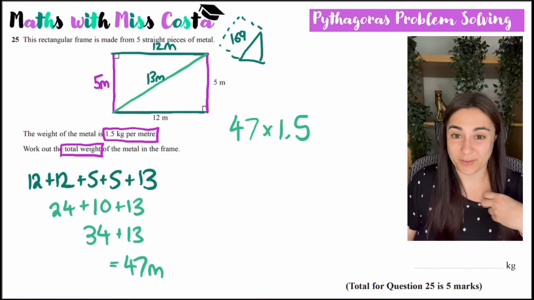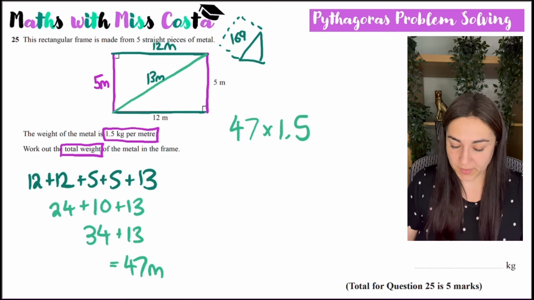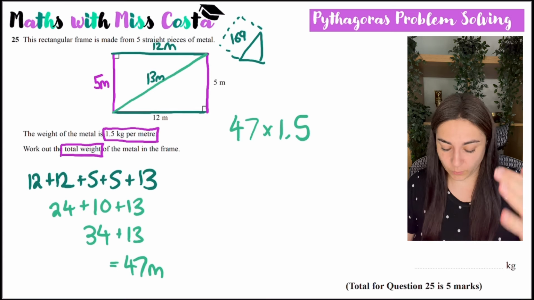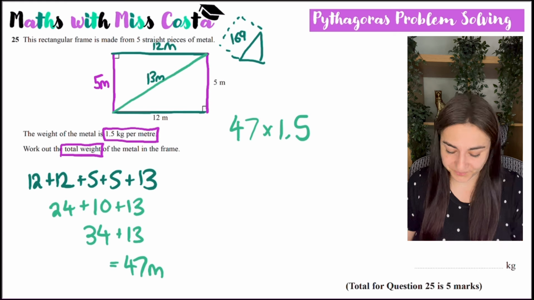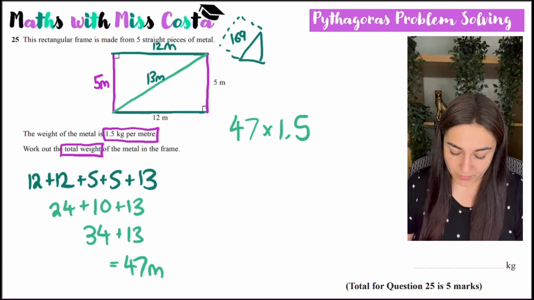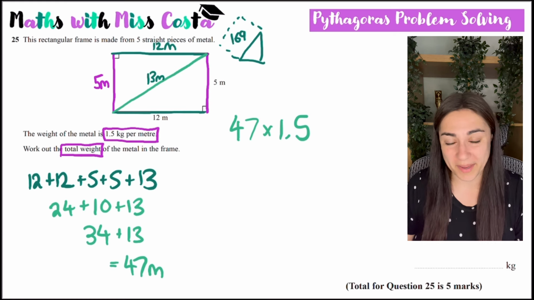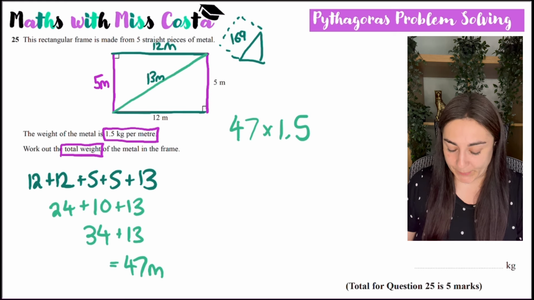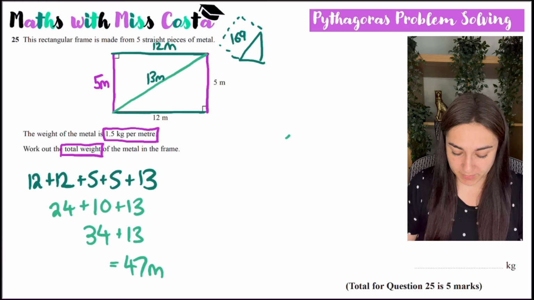So we could turn it into a fraction, or we could just do it multiplying. It just depends on what method you prefer using mentally. But let's just do multiplication.